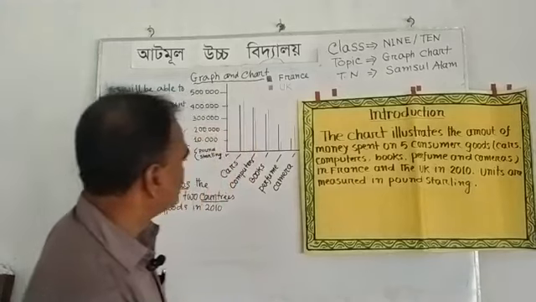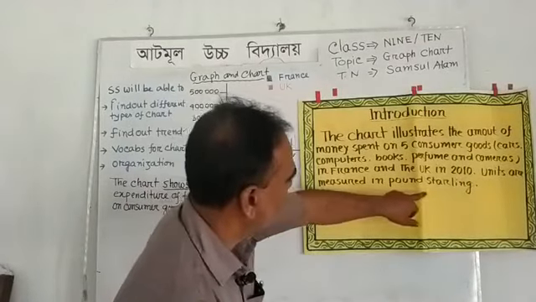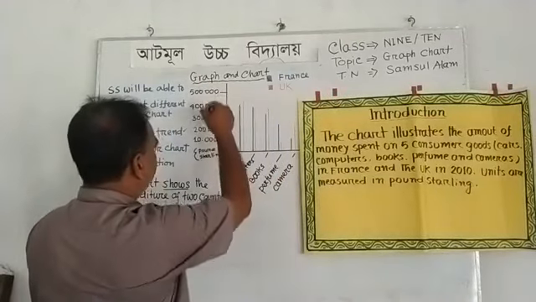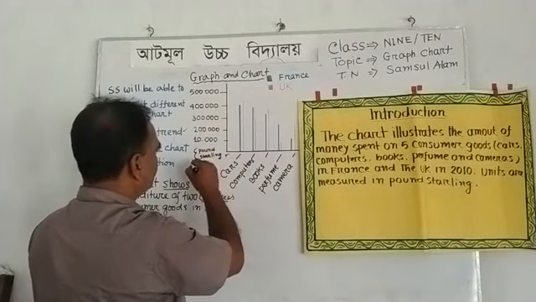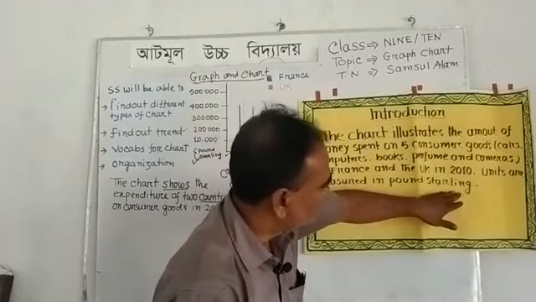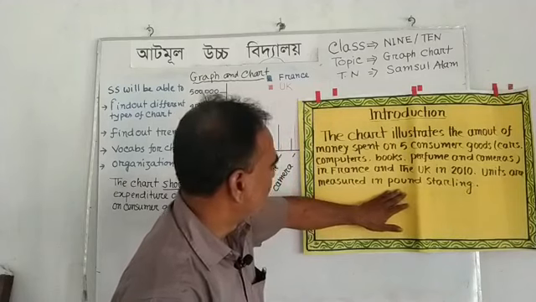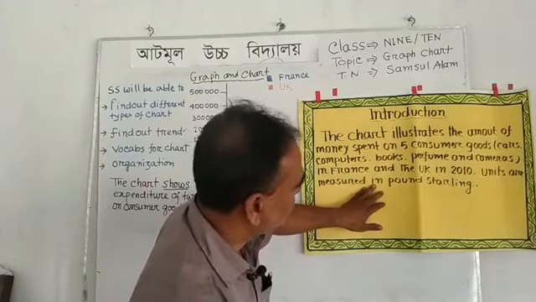And at last we have written units are measured in pound sterling. It is a very good sentence, written in the passive form, and there is variety in the writing.